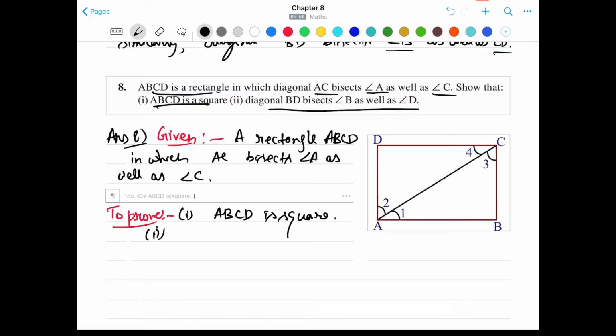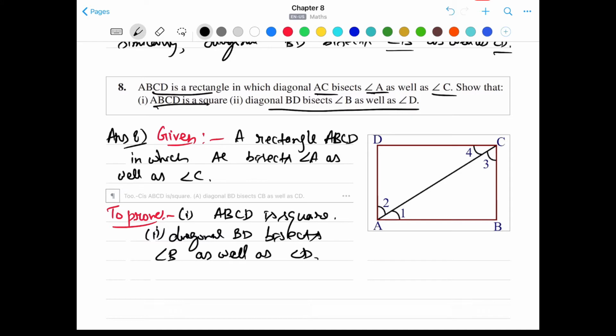Second, that diagonal BD bisects angle B as well as angle D.